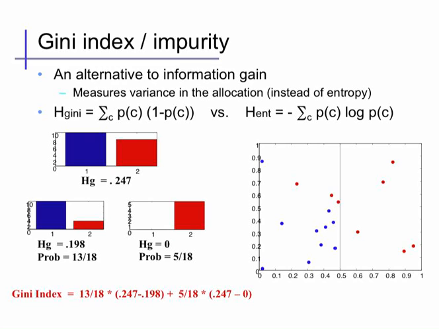And now the Gini index, which measures the reduction in impurity, is again the weighted difference. So we calculate 13/18 for the left-hand branch times the difference in its Gini impurities plus 5/18 for the right-hand branch times the difference of its impurities.